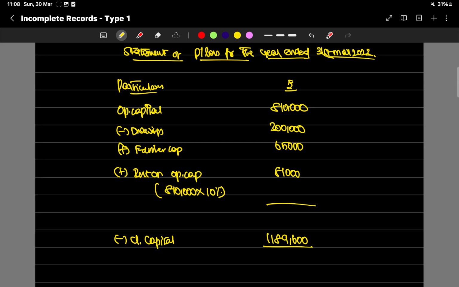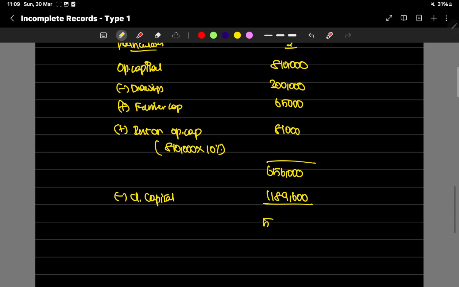Okay, so 8,10,000 minus 3 lakh plus 65,000 plus 81,000, which is 6,56,000, minus 11,89,600, which is 5,33,600. That is the difference. Okay, this is the profit before charging manager's commission.